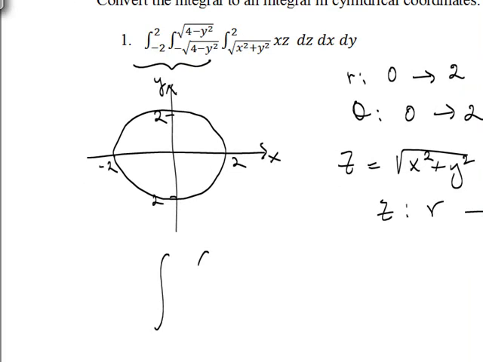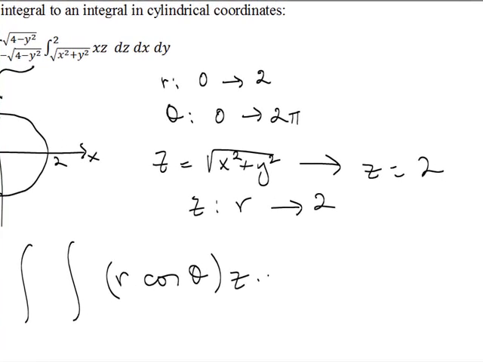Now let's convert. Let's convert the integrand first. The integrand is xz. What is x in cylindrical coordinates? R cosine theta times z, right? What else do we need? The Jacobian, which is r. And we put dz, dr, d theta.